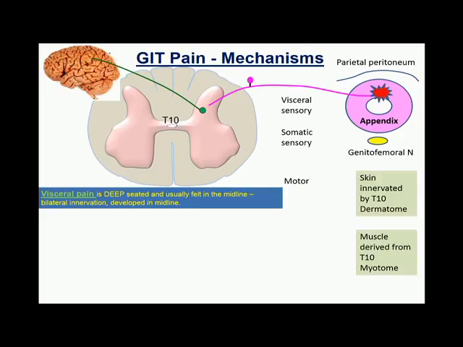So initially the pathology is intramural, and it causes visceral pain because it only stimulates the visceral structure. It goes to the brain, so you feel deep pain at the periumbilical level. That's the visceral pain. You can apply this to any organ, the stomach or whatever.